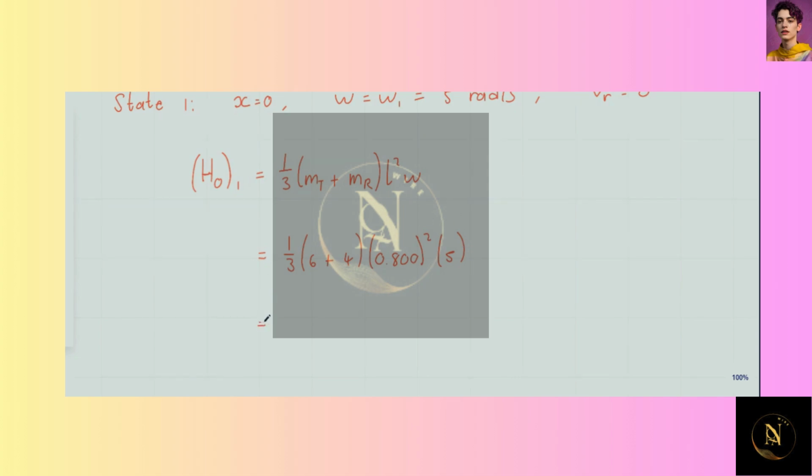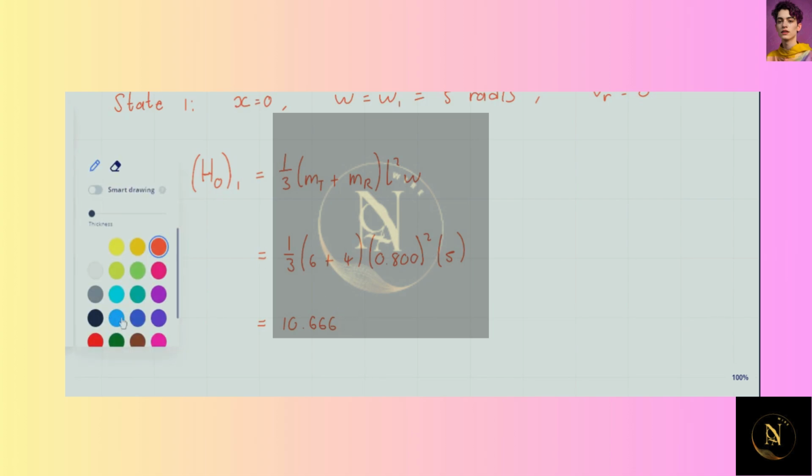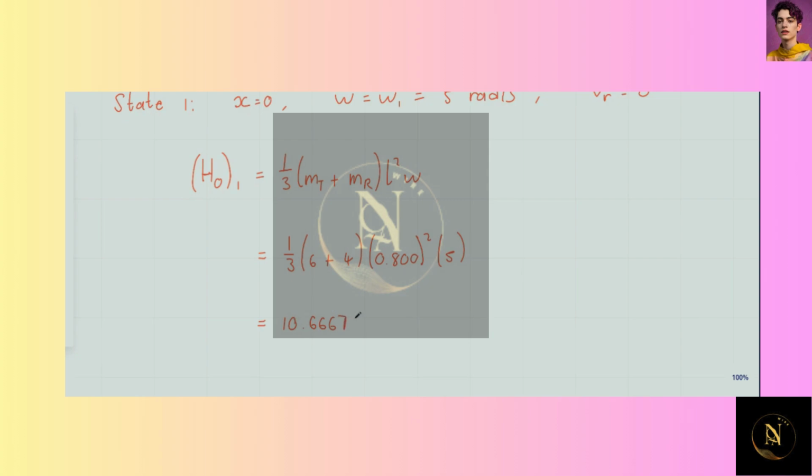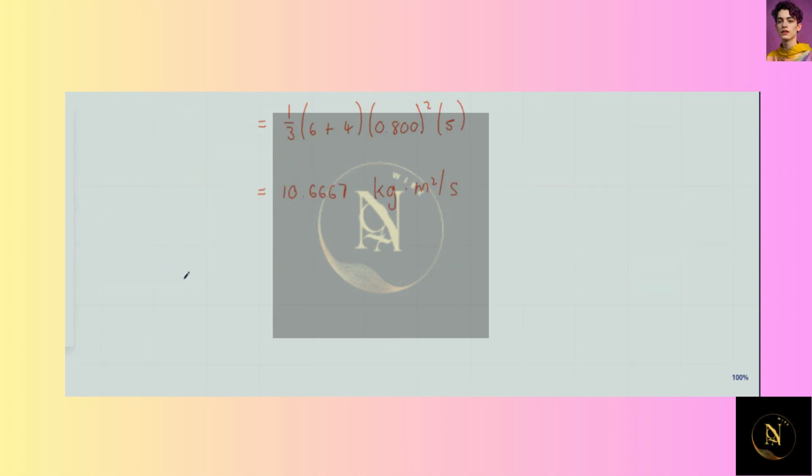And so we get the initial angular momentum to be 10.66667. We're keeping as many decimal points as we can, and that's kg meter squared per second. So that's the angular momentum about point O.